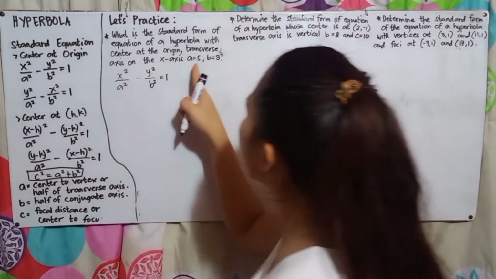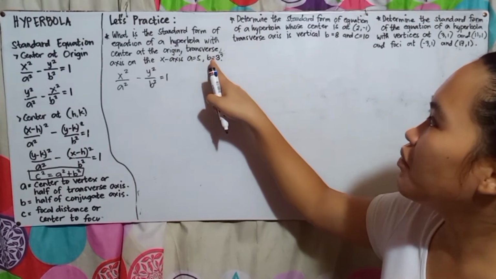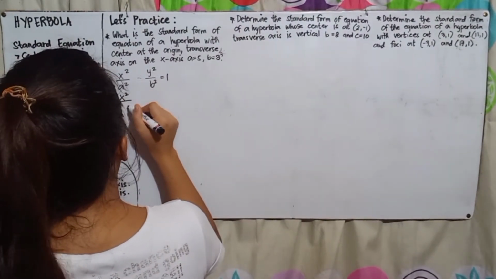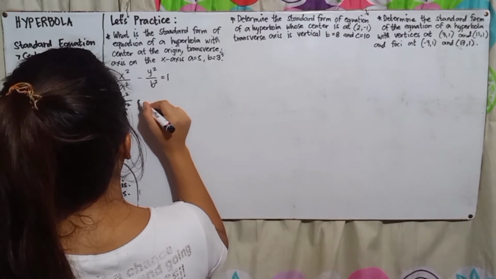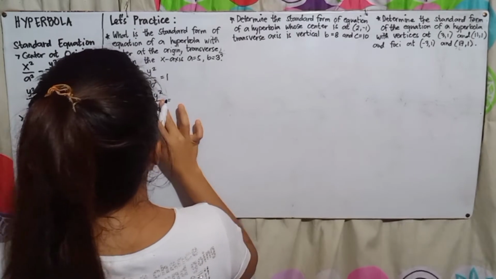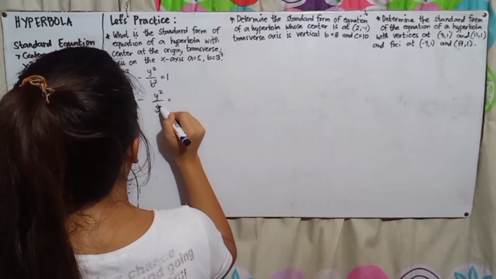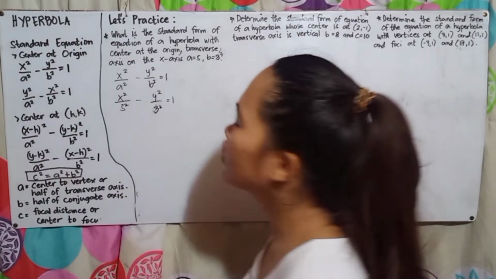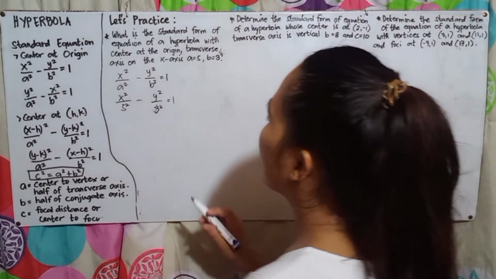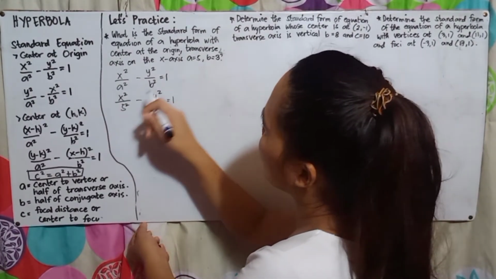So, since given ang a equals 5, b equals 3, so i-substitute lang. So, x squared over 5 squared minus y squared over 3 squared. So, substitute.